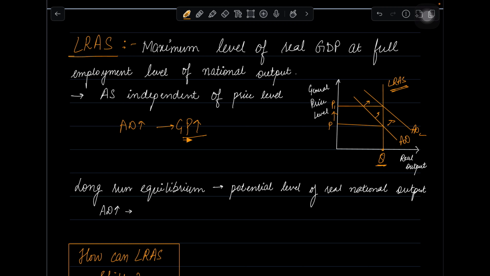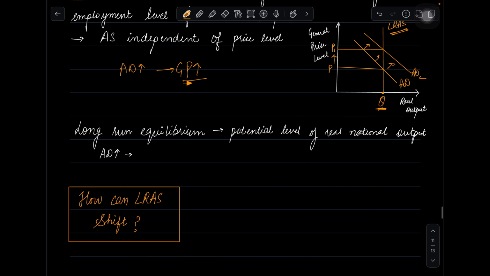We cannot increase the output because now we don't have any spare capacity, no FOP is under or unemployed. So at LRAS, even if the aggregate demand increases, it will only lead to an increase in the general price level. There will be no increase in the quantity.